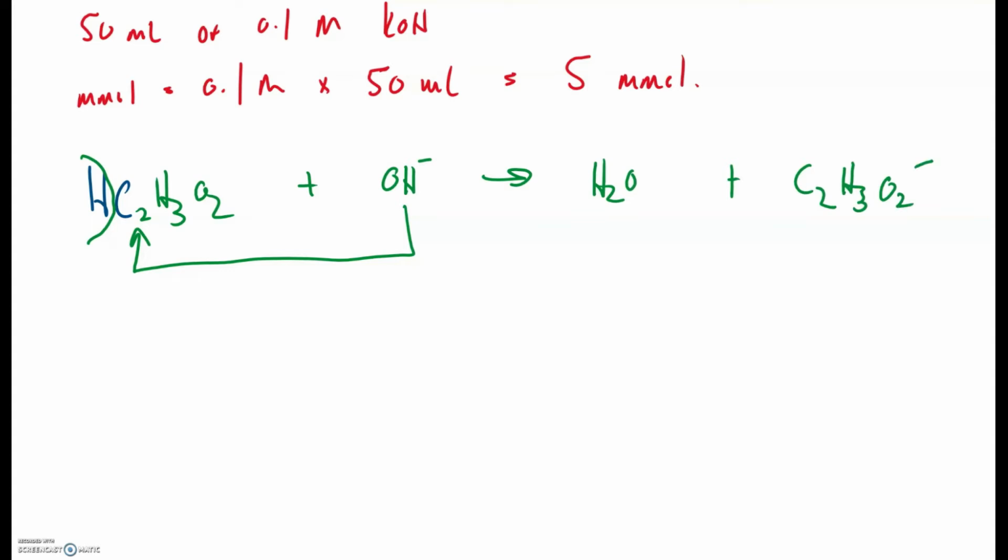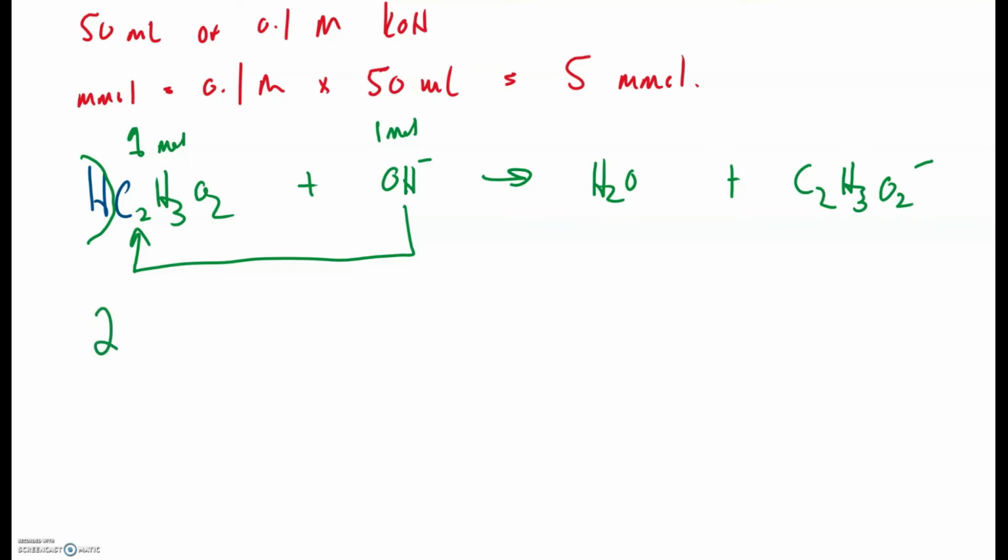So it takes 1 mole of hydroxide to neutralize 1 mole of our acid, right? That's what acids and bases do. It doesn't matter that this is a weak acid. What this means is that this hydroxide is going to neutralize whatever H plus this is willing to give off.